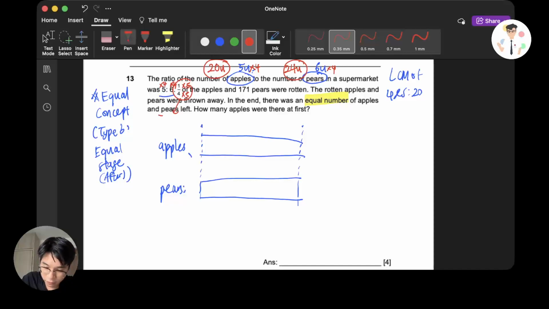And here, let me just write, 5 out of 20 are rotten and being thrown away.